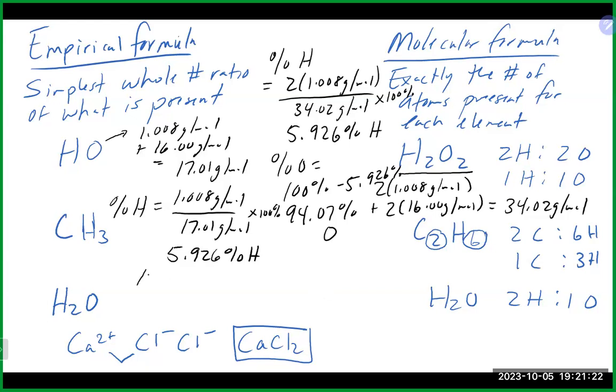And obviously, if we subtract from 100, we will hit the same number for our other percentage, 94.07% oxygen. So the percentage of each of these elements in both the empirical formula and molecular formula are going to be the same because they're just simple ratios of each other, right? So we end up with really the same percent composition by mass. Any questions first off on molecular formulas, empirical formulas, percent composition?